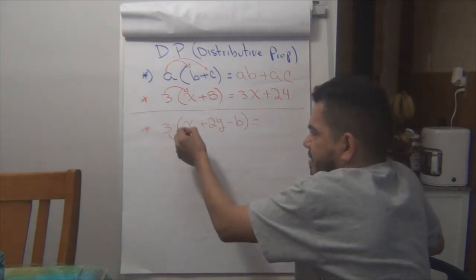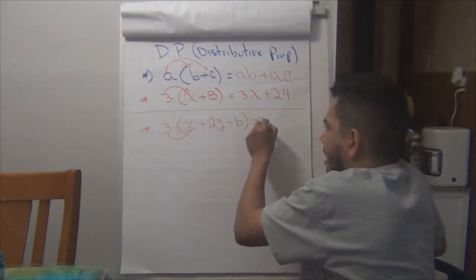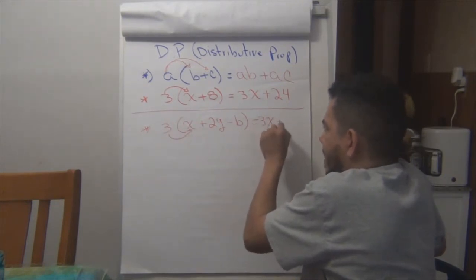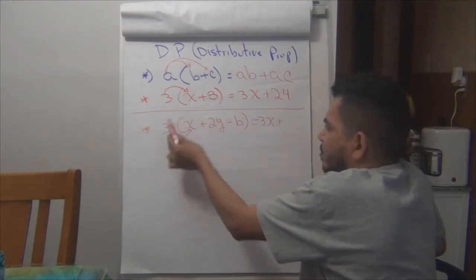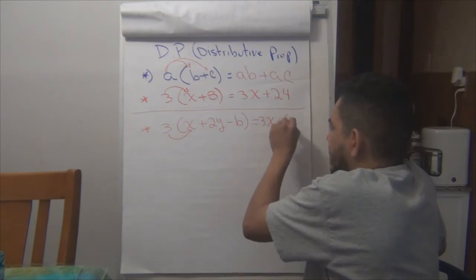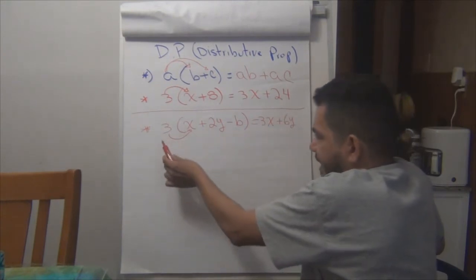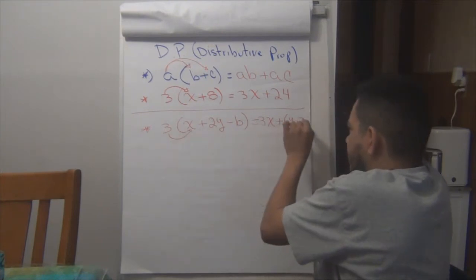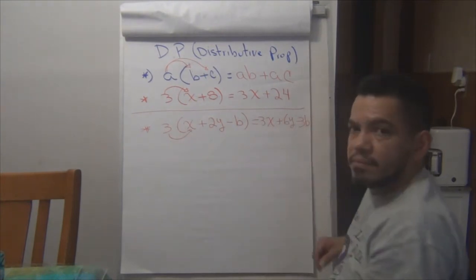So 3 times x is 3x. Positive times positive, positive. 3 times 2y, you multiply the coefficients. 3 times 2 is 6. There's no letter here, but there is here, so that's 6y. And then positive times negative is negative. 3 times b is 3b.